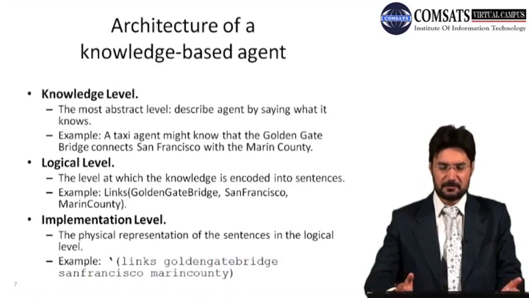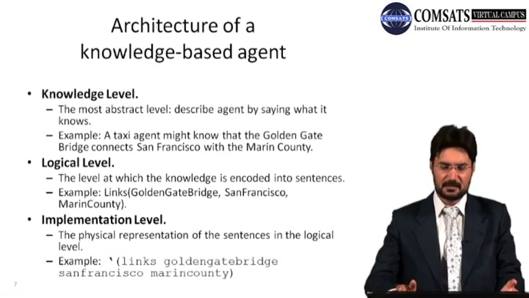If we give a small example, a taxi agent might know that the Golden Gate Bridge connects San Francisco with Marin County. So this is a simple example for the knowledge level, what kind of knowledge or understanding there is.